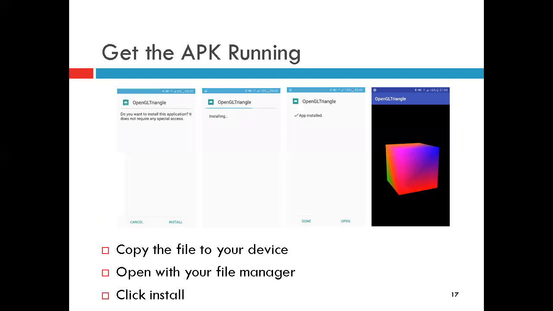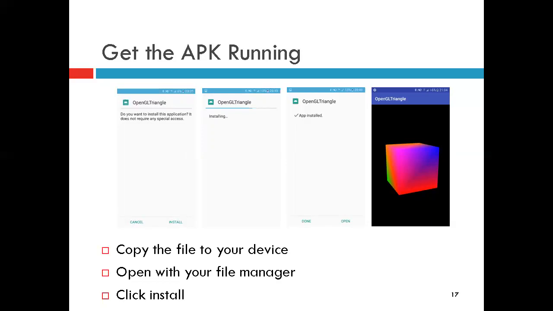And then all you need to do is copy the file to your device, open it with the file manager, click install. There's a bunch of prompts and warnings. These screenshots here are for a slightly older version of Android, so it didn't give me as many warnings, but with a newer phone, you'll also get a bunch of security warnings and things like that.